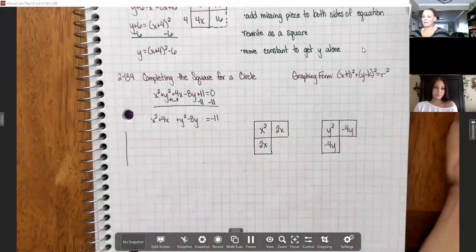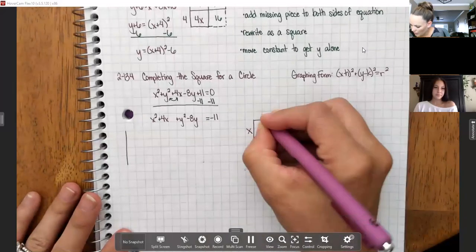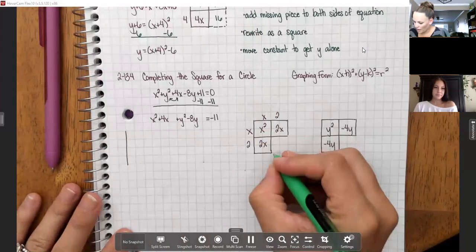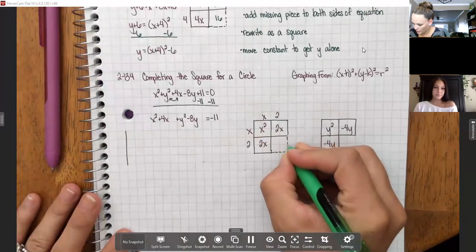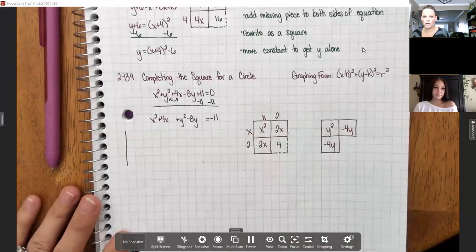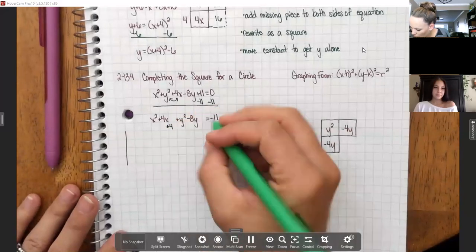And then again, it's the same process as before. We find the outside of our boxes: x, x, 2, and 2. So that tells us that for my x's, I'm missing 4. So I want to add 4 to both sides of my equation.